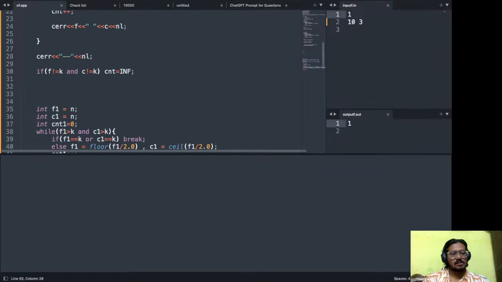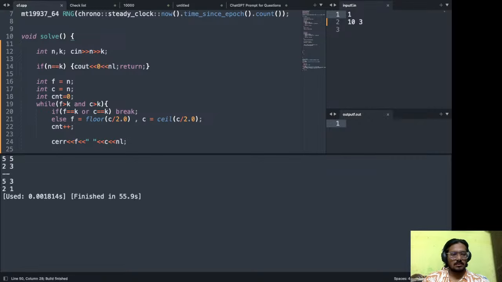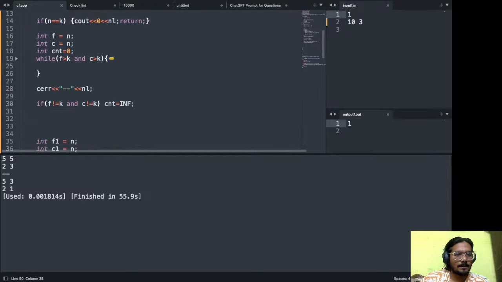Just... अरे यार ये 5-3 क्यों आ रहा है? What is it? This is frustrating.